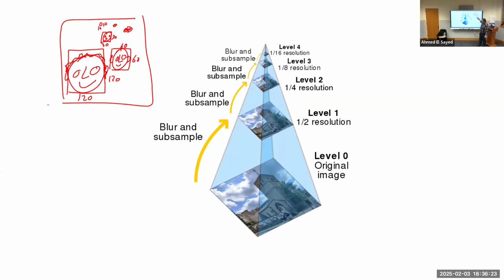Now, if I'm designing an algorithm to find the face in this image, will I be able to find the 10 by 10 or the 30 by 30 or the 60 by 60 or the 120 by 120? Each one of them has a different size, and each one of them has different properties. The eyes here, large, nose, large, hair, large; here, less details, here, less details, here, less details.